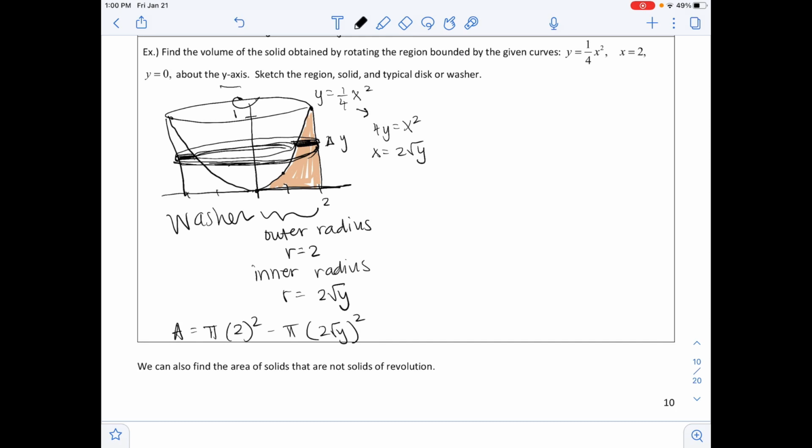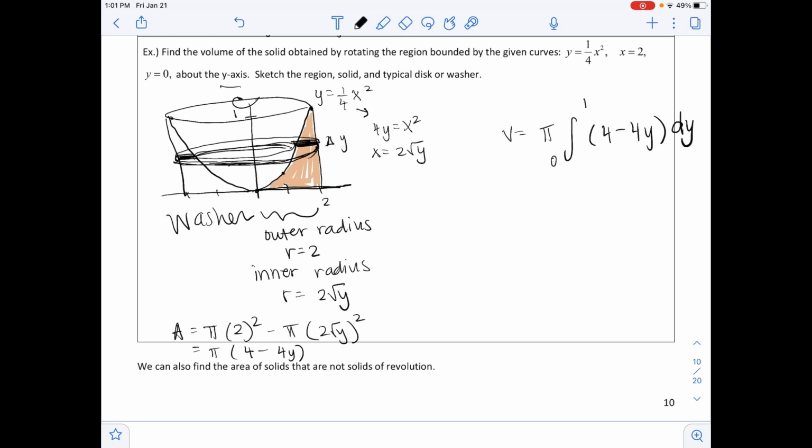And so in order to calculate our volume, I'm going to go ahead and factor out that pi and have just 4 minus, and this is going to simplify to 4y. So we're going to have the pi out in front, the integral from, and since we're dealing with y values, we're just integrating from 0 to 1. And what we have to integrate is 4 minus 4y, and then that thickness of that washer, which is going to be our dy.